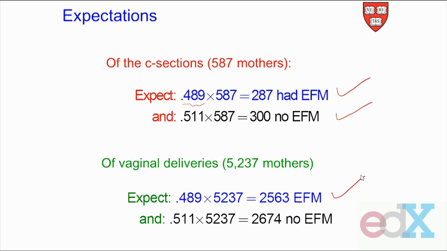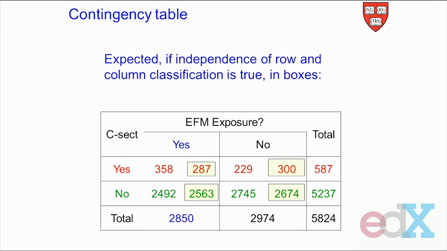If there's no relationship between C-sections and exposure to EFM, if there's no relationship between the row and column classifications, then this is what we expect to see. And we see that these numbers are exactly the same as we had before.